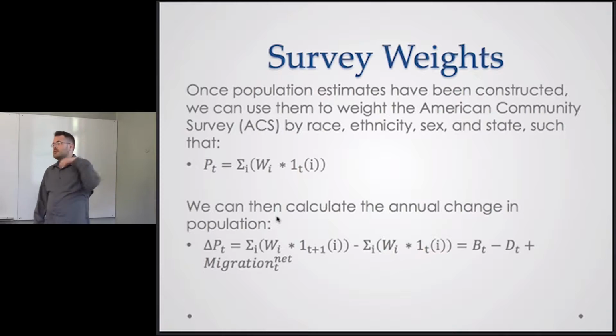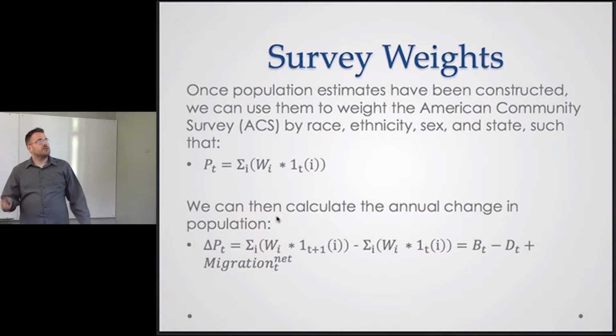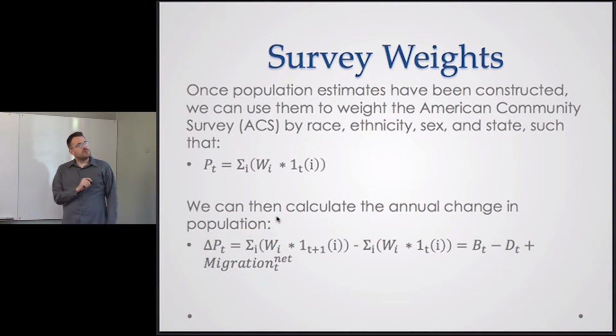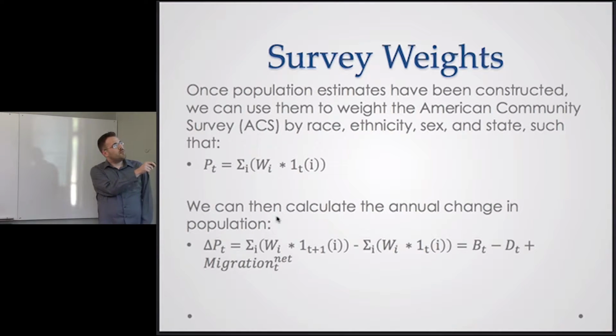Once the Census Bureau constructs these post-census estimates, they then use them to weight the American Community Survey as well as other surveys and other statistical products. So you can create statistics that are representative by race, ethnicity, sex, state, and age, such that the population total is equal to the sum of weights for each person in that particular category.